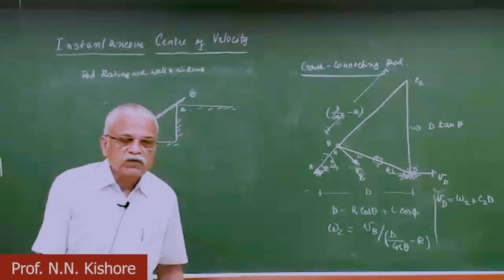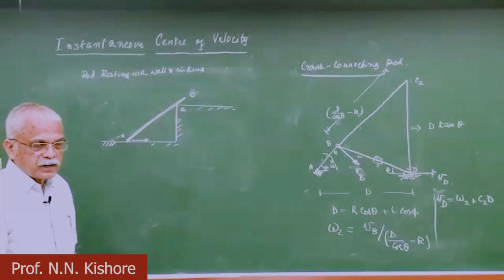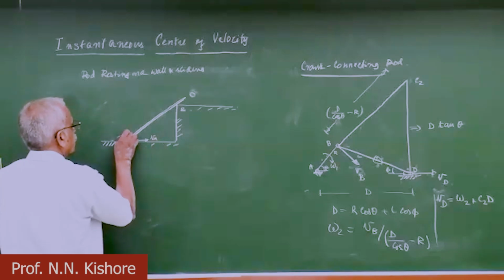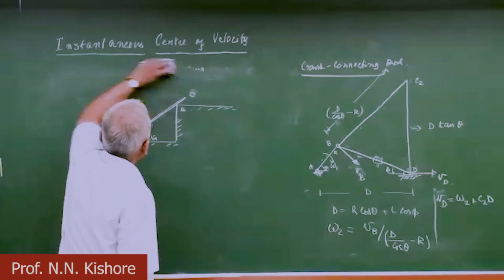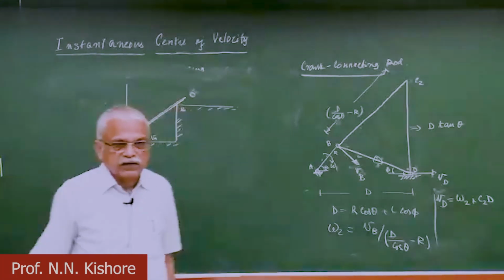Can you find out where the instantaneous center is for this one? You have the velocity of A here, so it is on a line perpendicular to this. Where do we know any other velocity information?